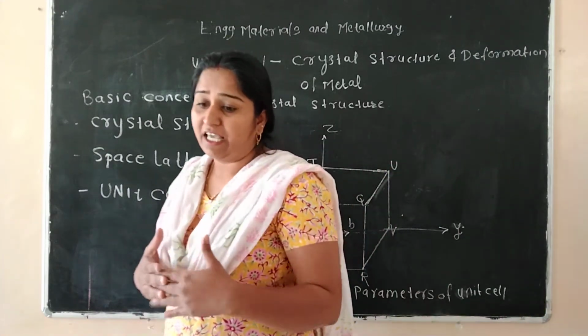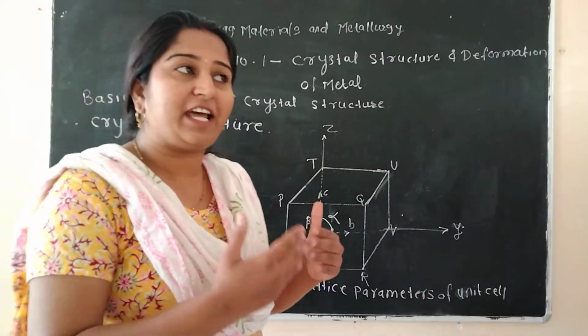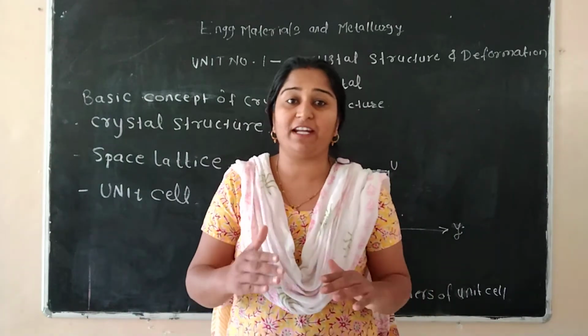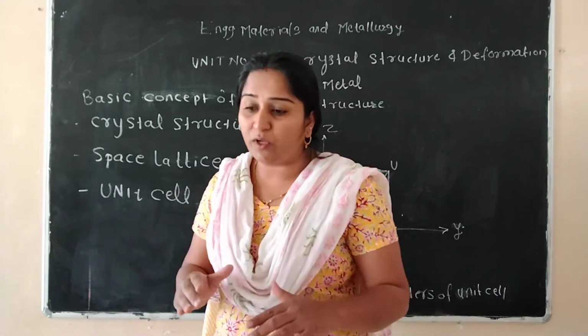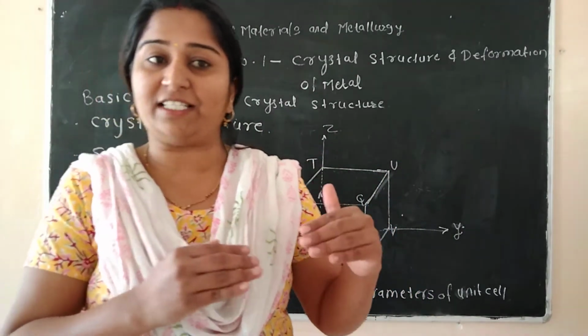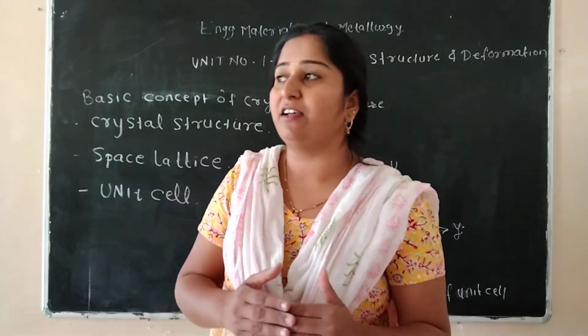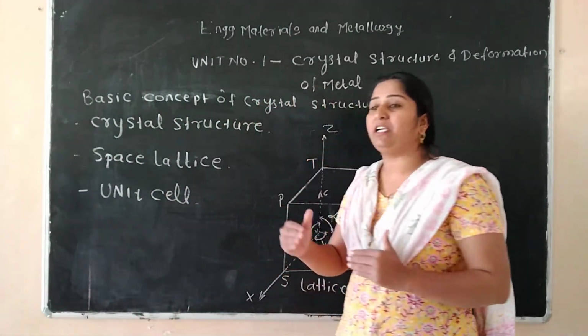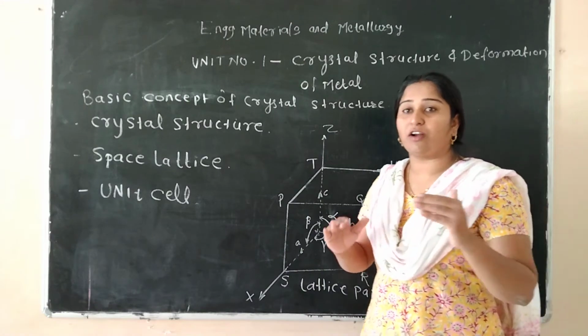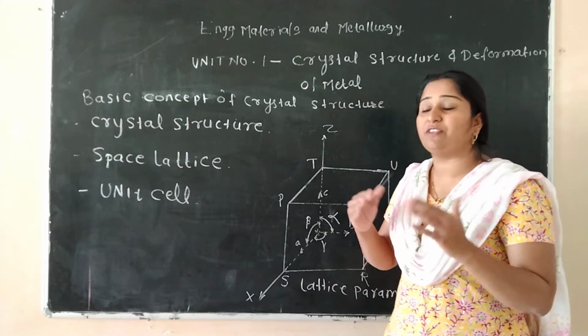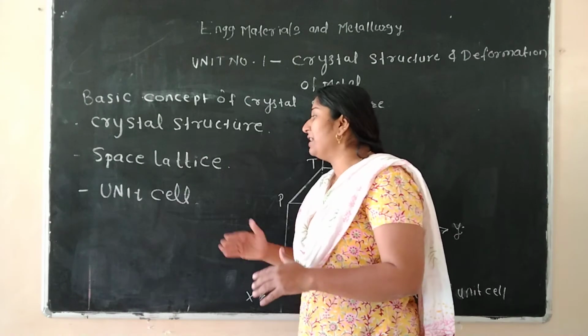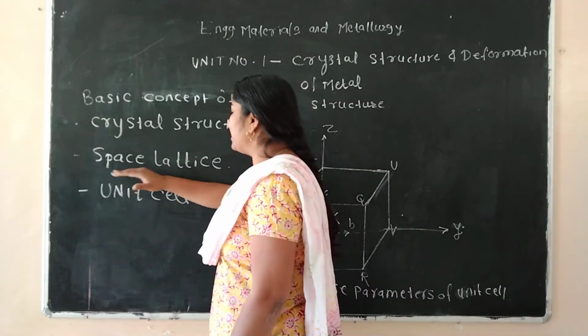Space lattice is defined as an infinite array of points in 3 dimensions, in which all points are symmetrical to each other with respect to each other. That is called the space lattice.